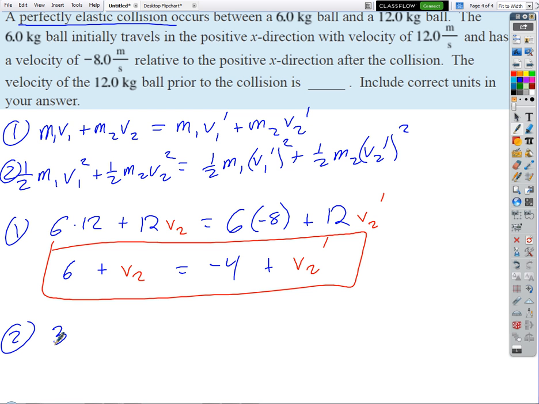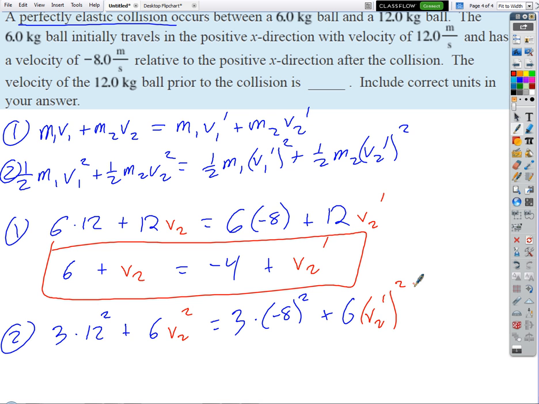So we get 3 times 12 squared, plus 1/2 times M2, which is 6, times V2 squared, equals 1/2 times M1, which is 3, times -8 squared, plus 1/2 times M2, which is 6, times V2 prime squared.